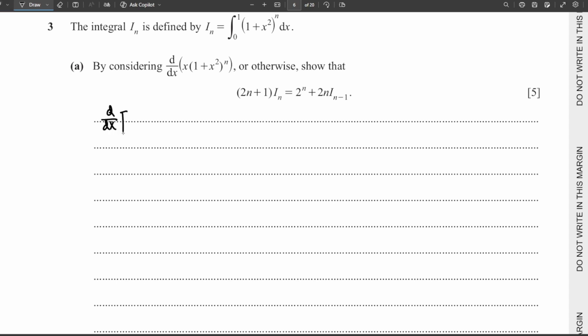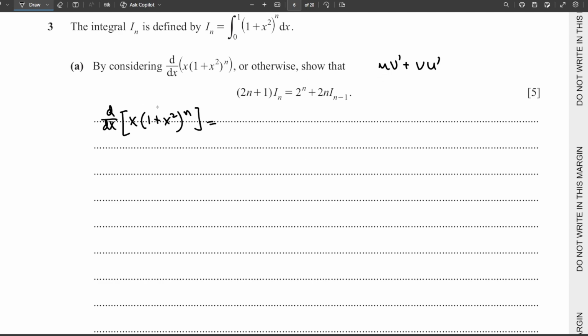First we differentiate this expression. It's a product of two functions, so we have to use the product rule, uv' plus vu'. I believe it's included in the formula sheet also.